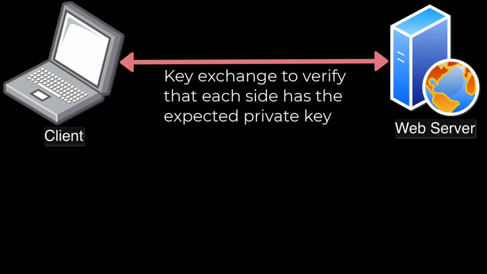Both sides begin a proof of possession check of the subject private keys, typically by a key exchange using the client and the server key pairs. Previous steps only verified the public certificate, but the key exchange using the subject key pairs verifies that each side possesses the private keys associated with the exchanged public keys.